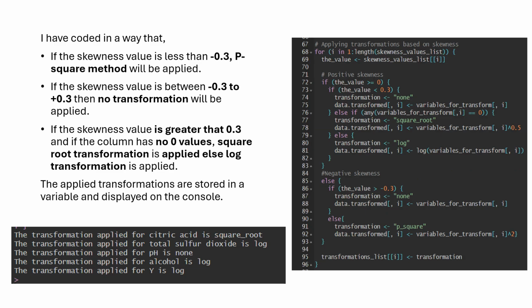Okay, these are my various codes, but I have coded it this way, whereby you can see that I stated here clearly that if the skewness value is less than minus 0.3, the square method will be applied. Then if the skewness value is between minus 0.3 and 0.3, no transformation will be applied, and so on.